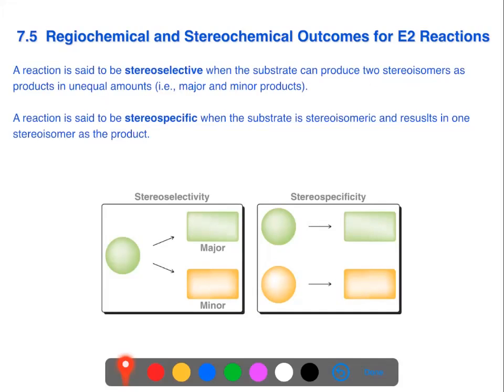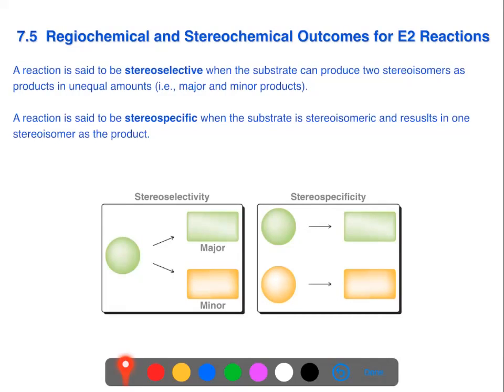Now, before we look at the stereochemical outcomes of the E2 reaction, we want to define and sometimes redefine a couple of terms. A reaction is said to be stereoselective when the substrate can produce two stereoisomers as products, but in unequal amounts, meaning it has a preference for one stereoisomer over another. So you'll have a major product and a minor product.